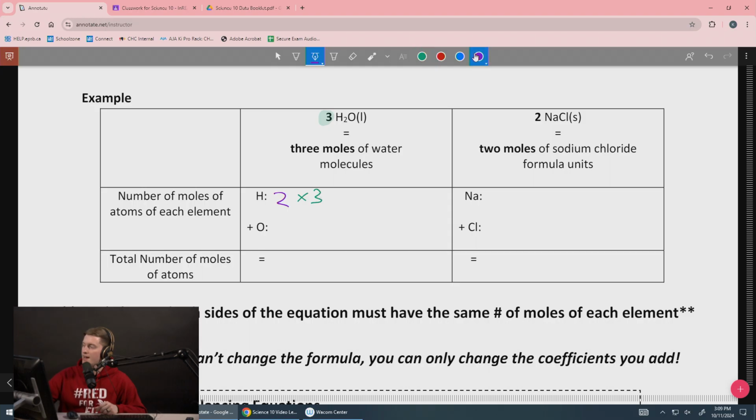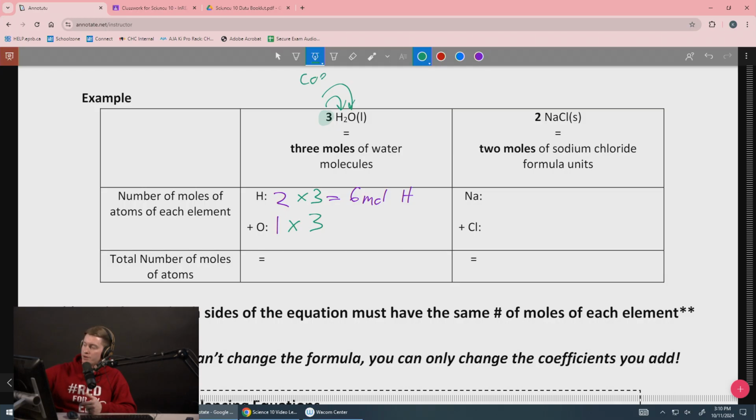So I can say that I have 6 moles of hydrogen total, because this subscript applies to the hydrogen. Inside a water molecule, there's no subscript for oxygen, so there's only 1 oxygen, but it also gets multiplied by the coefficient. The important takeaway here is that the coefficient multiplies both atoms, or if there's more than 2 atoms, it multiplies all the atoms inside of the formula.